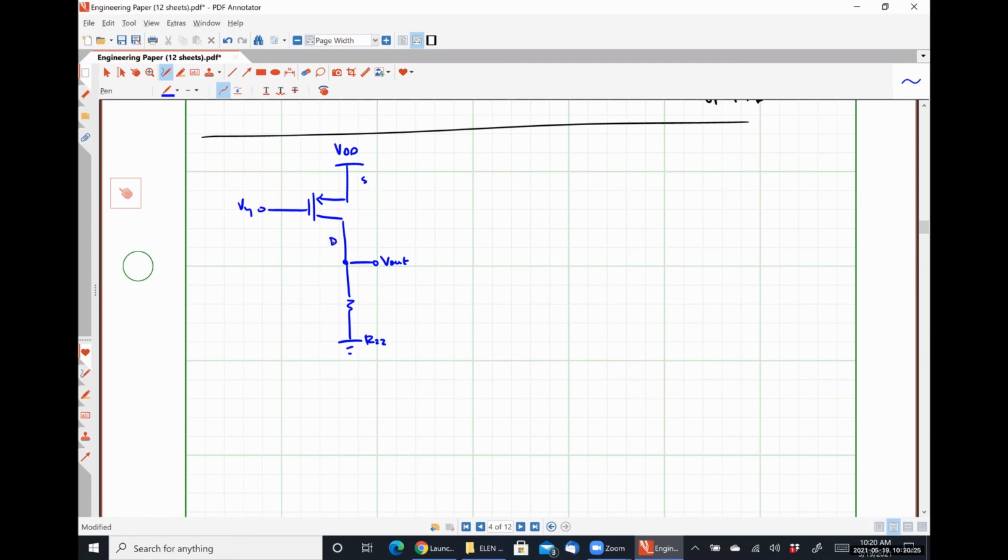This is the drain. So what kind of amplifier is this? And just for clarification, this is the gate. So we're applying an input at the gate. We're taking the output at the drain. What kind of amplifier is it? Common source. No degeneration or anything fancy.